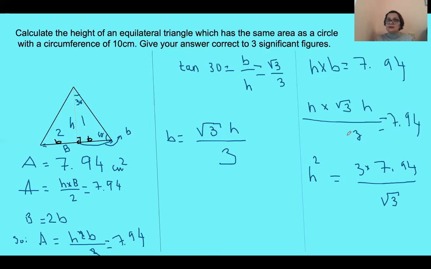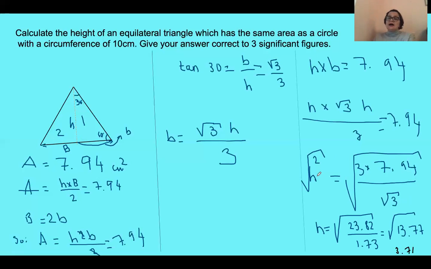So I have multiplied by 3 both sides to get rid of the 3, and then I have divided by square root of 3. So it's a step here that I have skipped, but you can do all the steps one by one. And so this is the stage where I'm at. h to the power of 2 equals 3 times 7.94 divided by square root of 3.